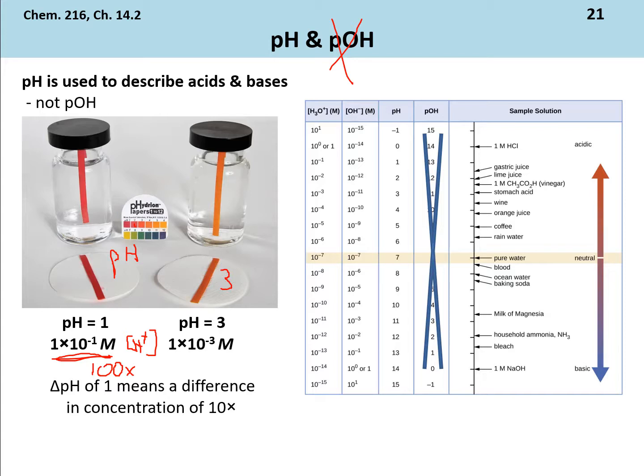This is why something with a pH of 1 versus something with a pH of 4, 1 is going to be very acidic, and you have to be careful. 4, you don't have to be as careful with. Wine versus the acid in your stomach. Even though it's a small pH difference, that's a huge change in concentration.